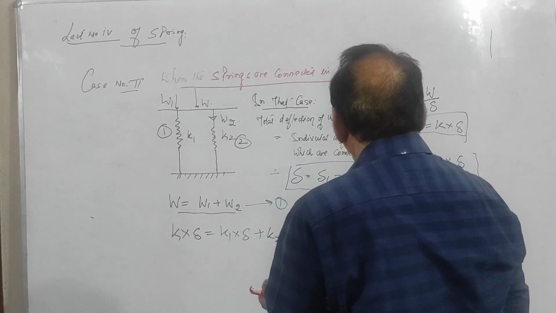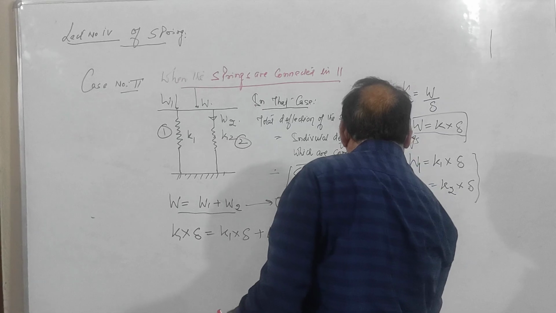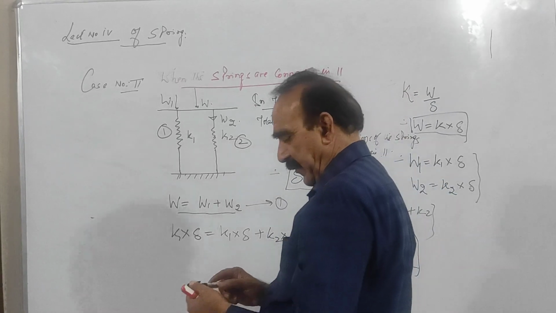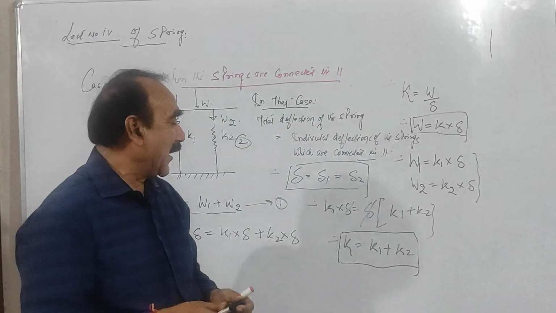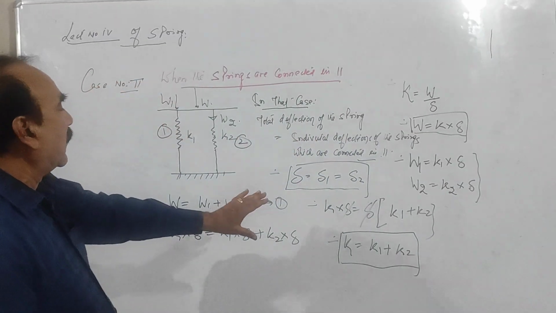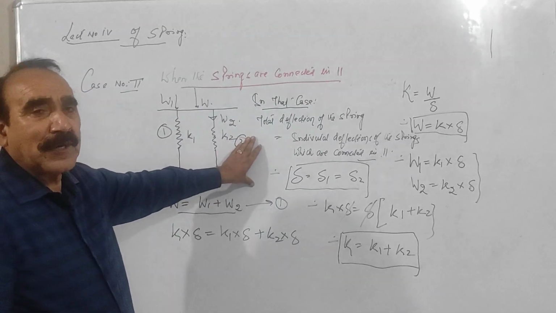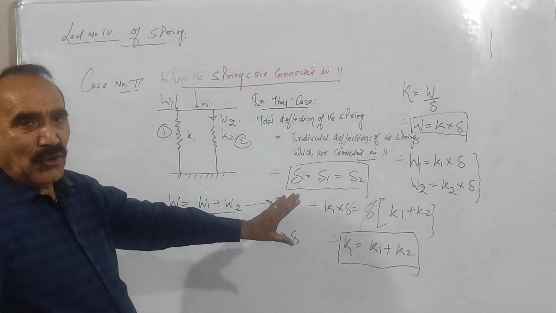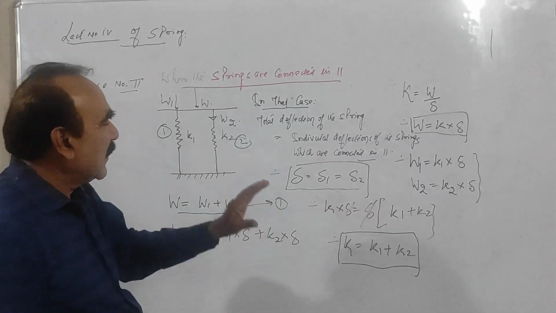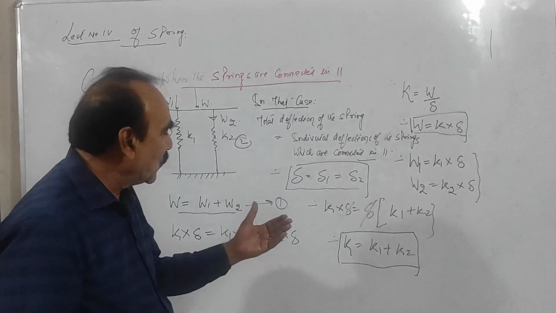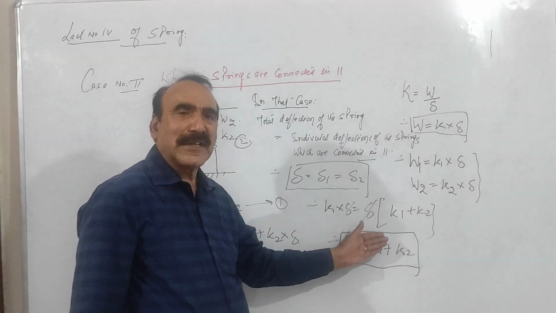This is the total stiffness when the springs are connected in parallel. So these two relations are very, very important. So you must know what is the total stiffness when the springs are connected in parallel, K is equal to K1 plus K2.